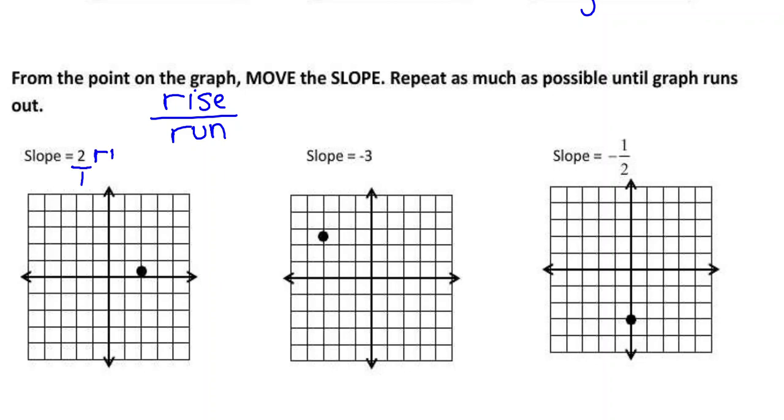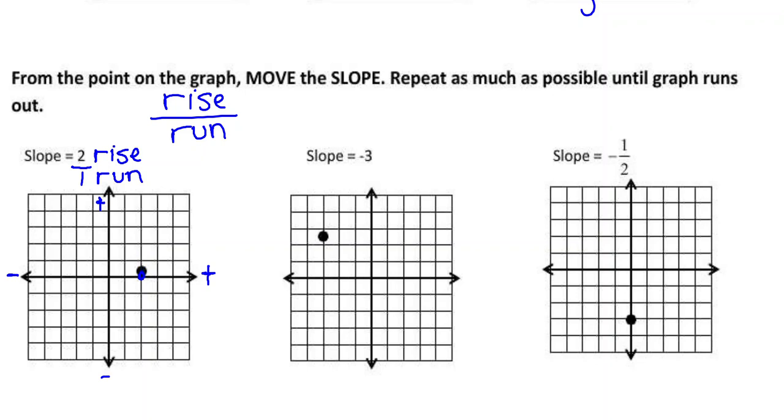I'm going to rise 2 and run 1, starting at this dot. I'm going to go up 2, and then run positive 1. And remember, positives are at the top, negatives are at the bottom.